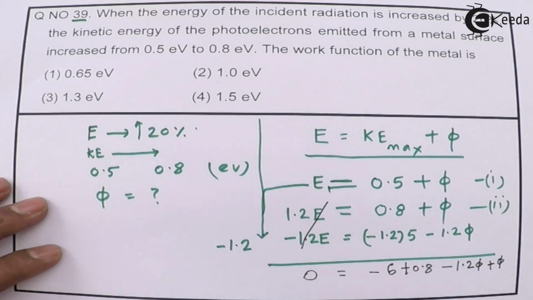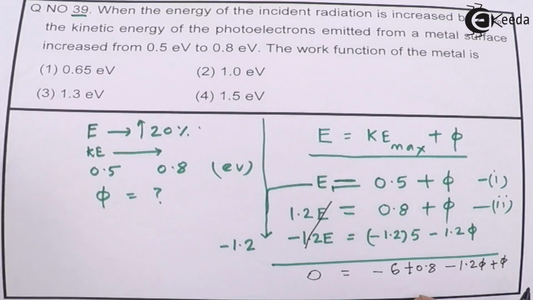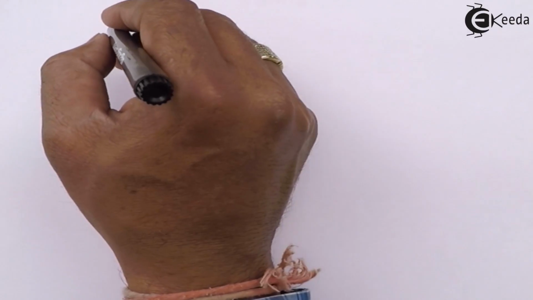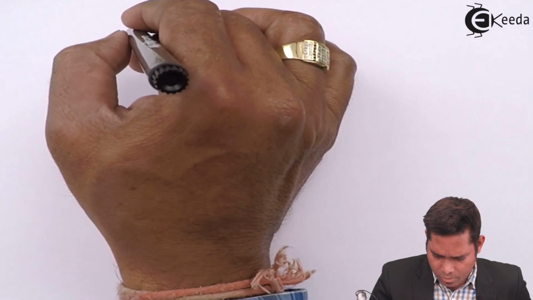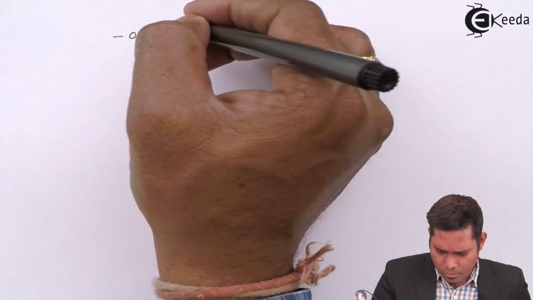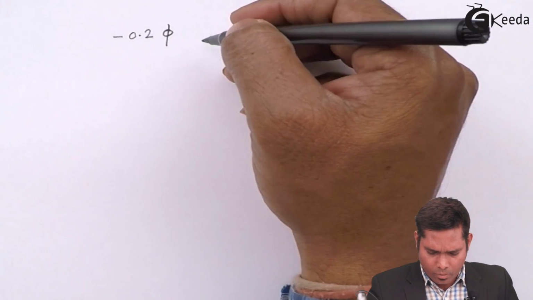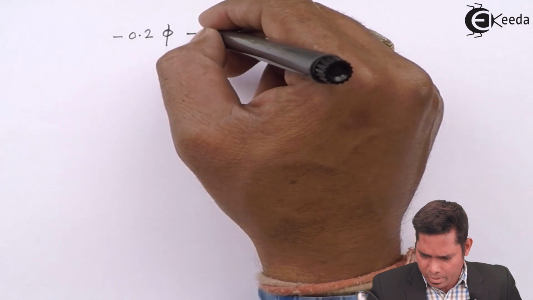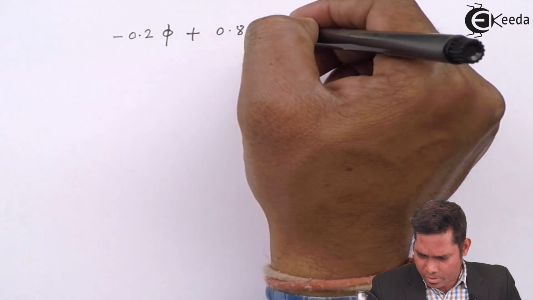So I have minus 0.2 phi, minus 0.25 plus 0.8 minus 6 equals 0.